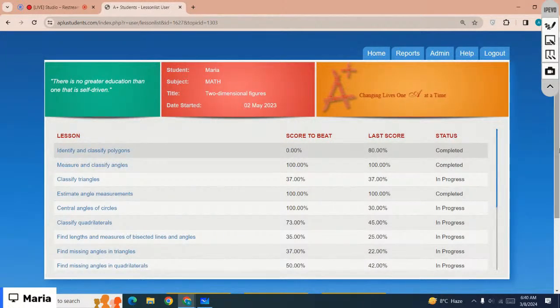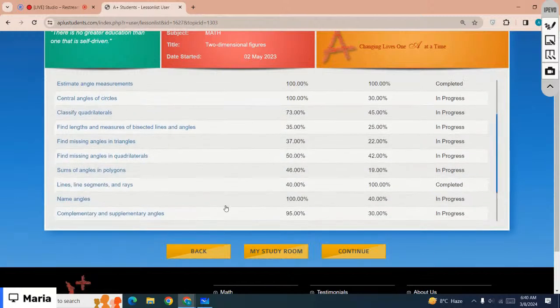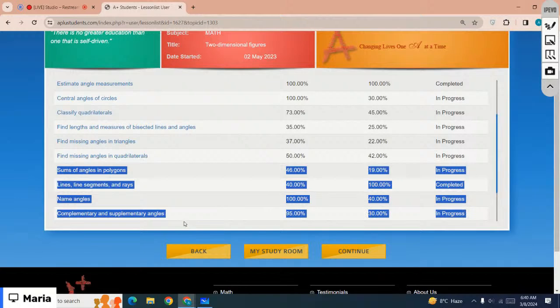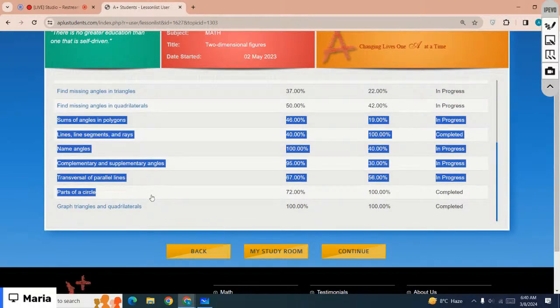And the lessons we have covered today are sums of angles in polygons, lines, line segments and rays, naming angles, complementary and supplementary angles, and transversals of parallel lines, right? So please make sure before the next session you complete all the practice questions for the lessons we did today. That is your homework.